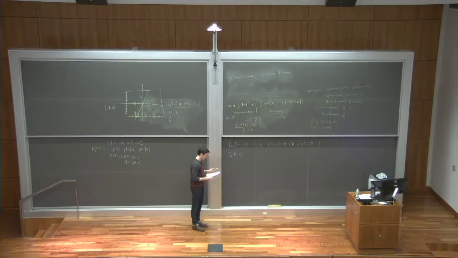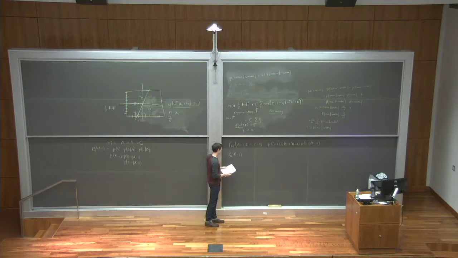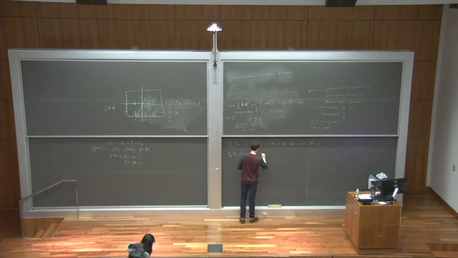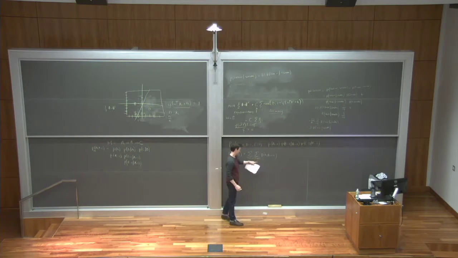The way that I approach these problems is that this is equal to the sum over A in 0, 1, the sum over C in 0, 1, of the probability of A, B is equal to 1, and C. Okay, did everybody see how I did that?